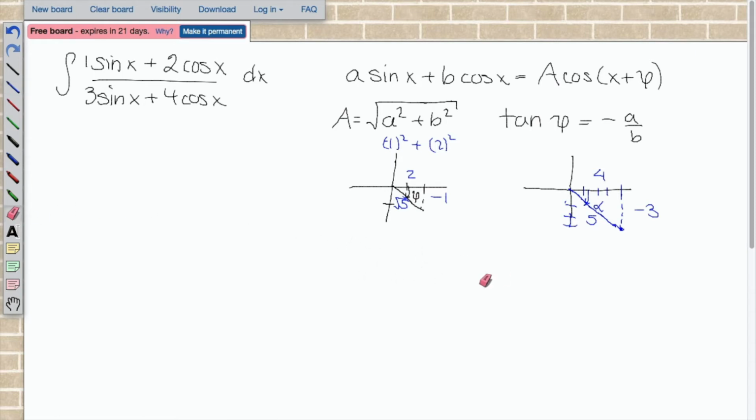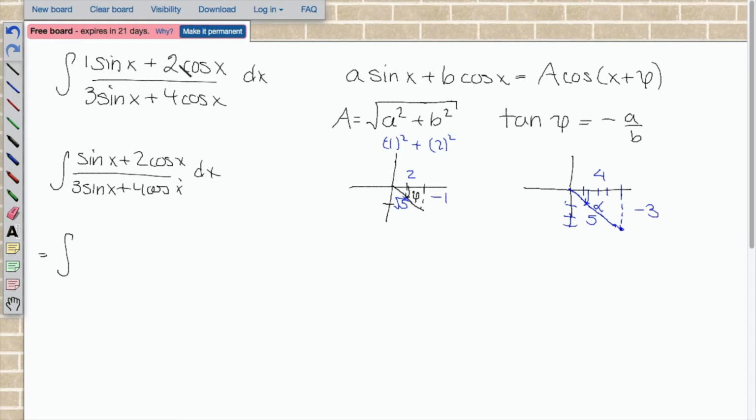So let's apply this harmonic sum theorem. The first thing is that the integral of sine of x plus 2 cosine of x over 3 sine of x plus 4 cosine of x, dx, now becomes the integral of the square root of a squared plus b squared.